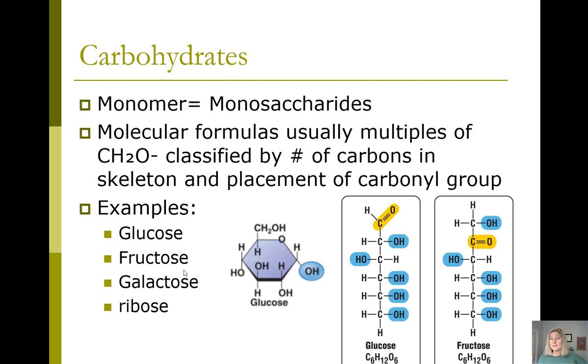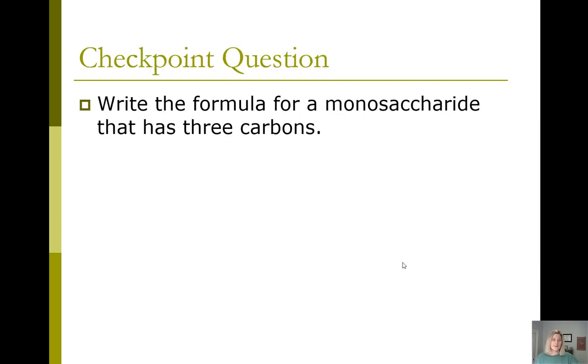So here's some examples of different monomers of our monosaccharides. So we have glucose and fructose. Another one would be something called galactose, and then ribose is a sugar, deoxyribose is a sugar for DNA. So these are all examples for you. Okay. So let's see if we can write the formula for a monosaccharide that has 3 carbons.